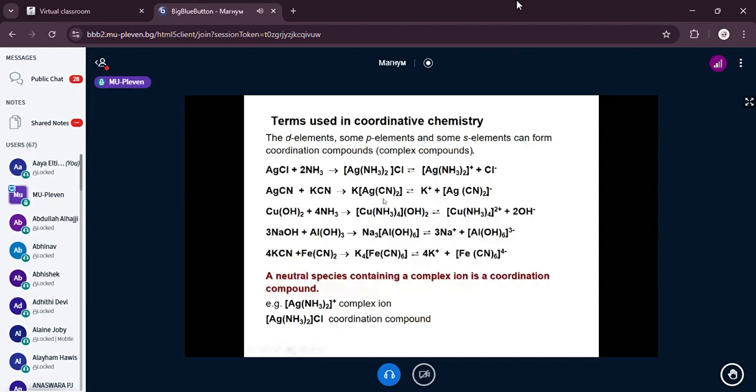Usually, coordination compounds have some groups in square brackets. And what is typical is that in water solution, coordination compounds produce stable complex ions.